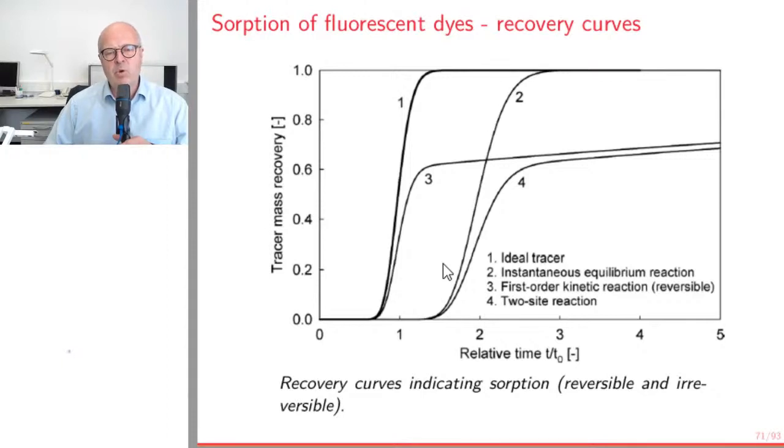So by comparing injected mass to recovered mass, and also by comparing the shape of the recovery curve, you can validate whether your experiment is correct first, and second, which type of reaction may have affected your experiment.